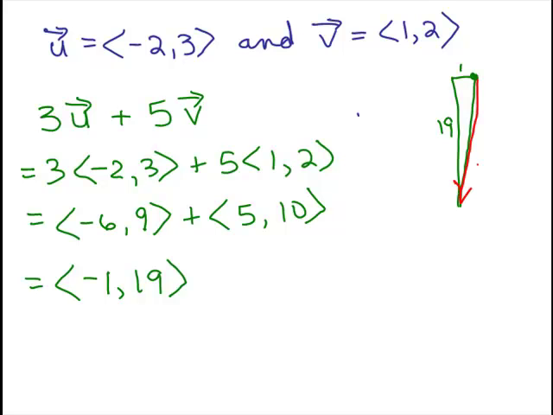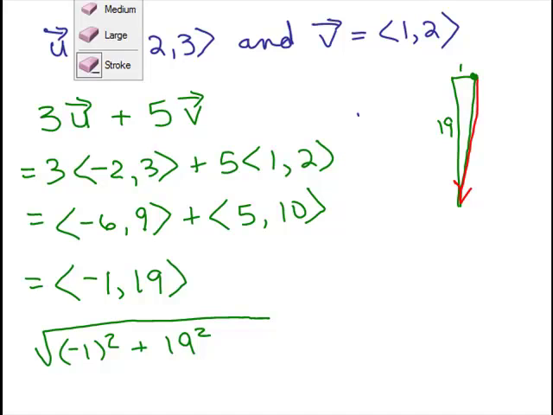Okay, and you could use the Pythagorean theorem, or the formula for the magnitude would be the square root of negative 1 squared plus 19 squared. Right, so you can use your calculator for that.